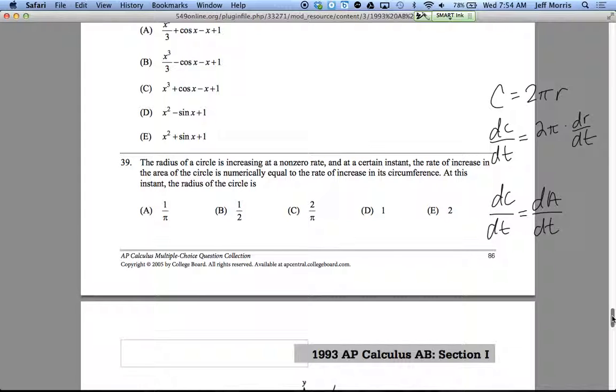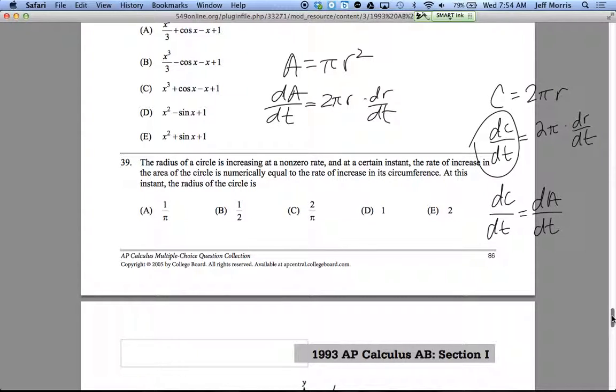I just didn't do enough of the problem. Pi r squared. So what was dA/dt? 2 pi r times dr/dt. We were missing the second half. So dA/dt is 2 pi r dr/dt. Then the derivative of circumference, dC/dt, is equal to 2 pi.